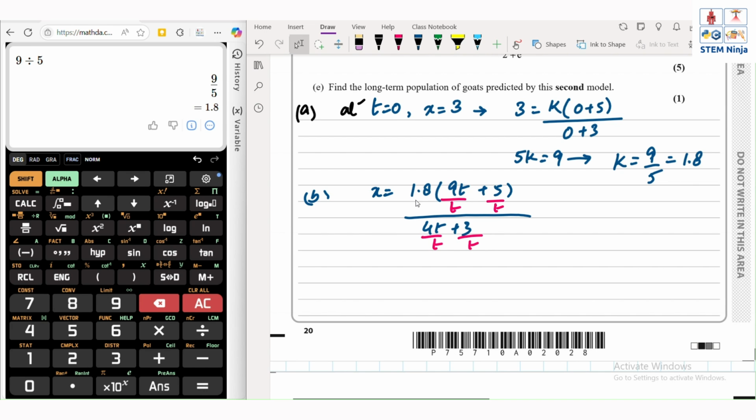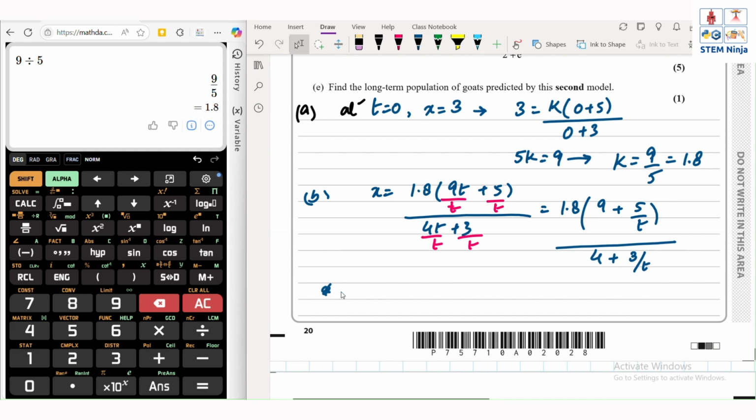We don't need to do that for 1.8 because this is just multiplied. So we get 1.8 times (9 plus 5 over t) divided by (4 plus 3 over t).